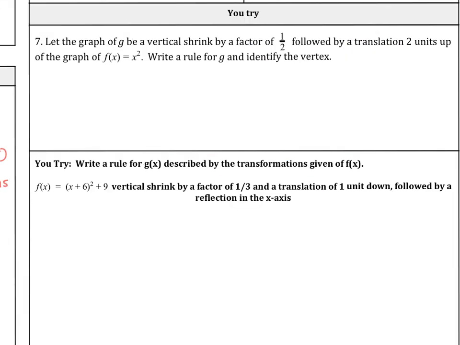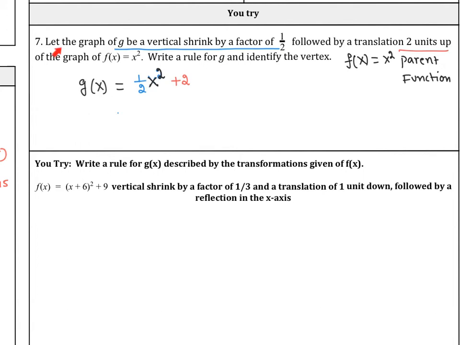Please pause the video and try the problems, and then watch it again. For number 7, let the graph of g be a vertical shrink by a factor of 1 over 2, followed by a translation 2 units up of the graph f(x) equals x squared. Write a rule for g and identify the vertex.